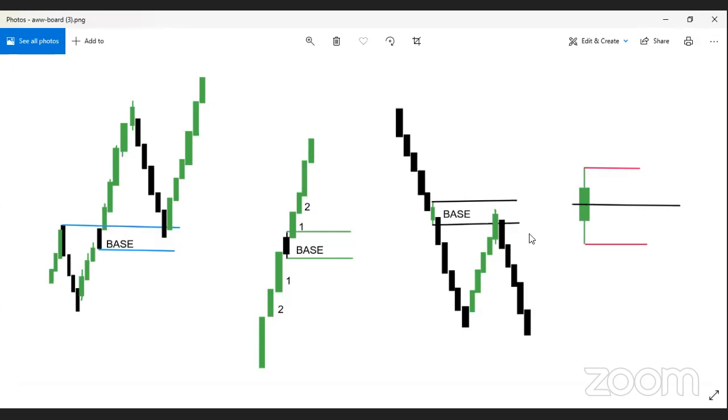Now there is a scenario that we sometimes have. We find that our base candle is too big. When you see that the base candle is too big, price is most likely not to just touch this and drop. It's most likely to go in here, maybe 50% of the candle.